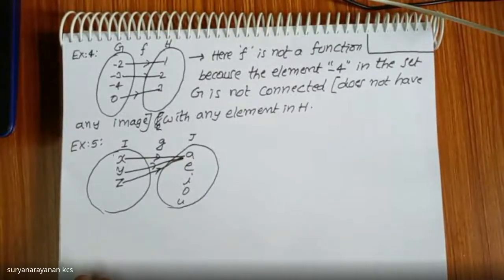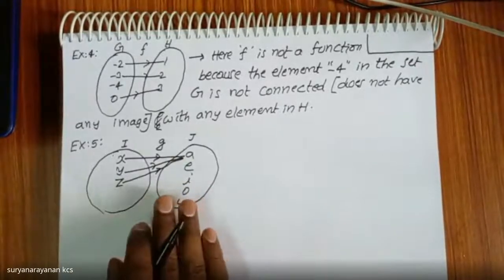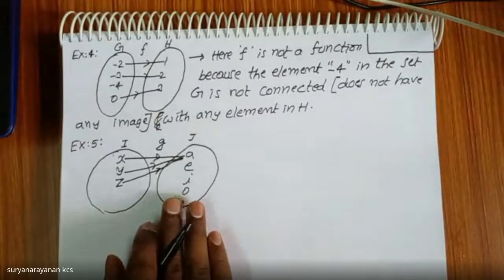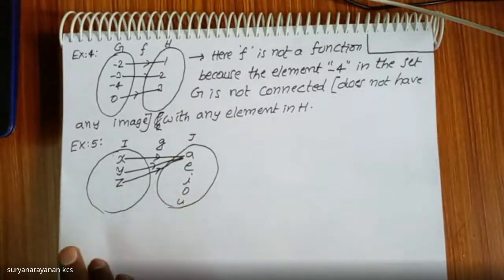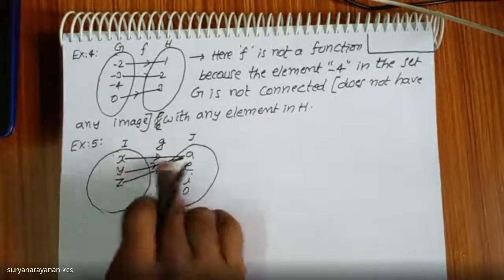Yes. Yes. Very good. What about Nikhil? You kept silent, not responded. Nikhil? Yes, it is a function. It is a function because this relation is satisfying the two conditions. What are those two conditions?